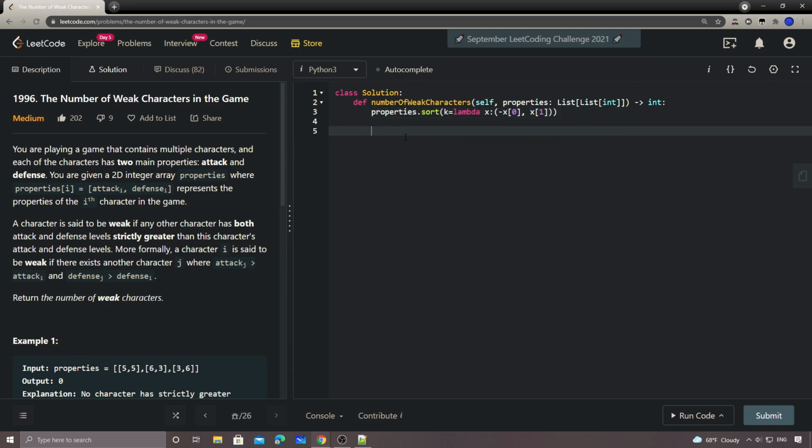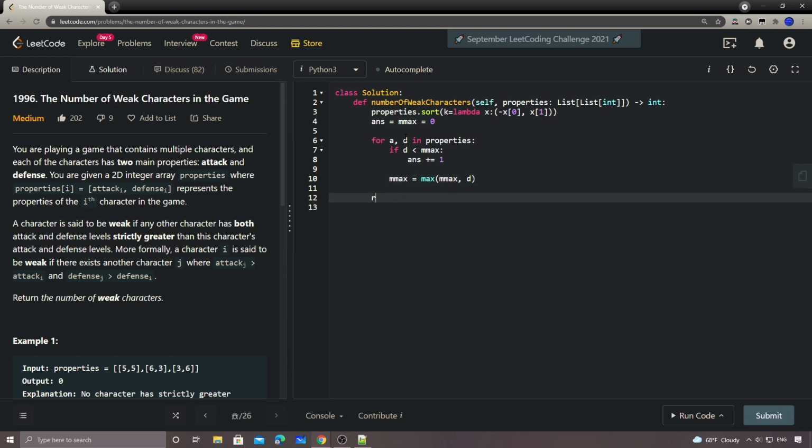And then we have answer equals 0 and max equals 0. For attack and defense in properties, if defense is smaller than the current max, then answer plus one. And then update max equals max of max and d. Return answer. I think that's it.